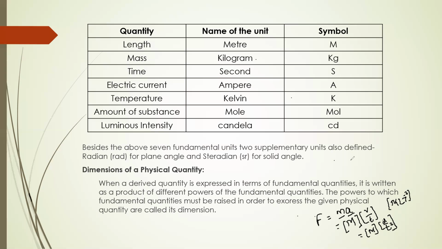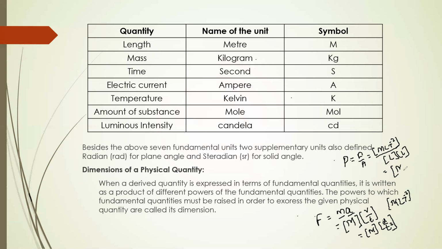We can take any physical quantity and express the dimensions in terms of M, L and T. I'll take pressure. Pressure is equal to force per unit area. Force is M L t raised to minus 2, divided by area, which is length into breadth, that is L into L. Simplify now.